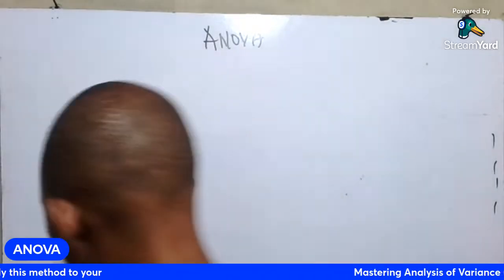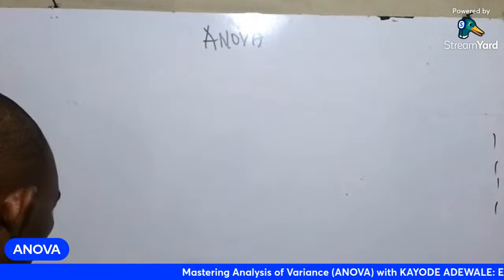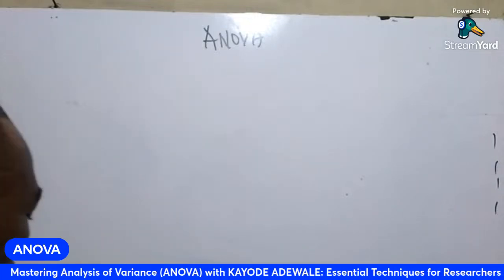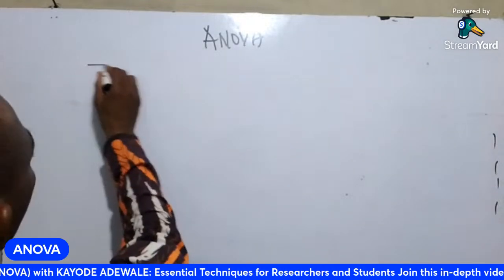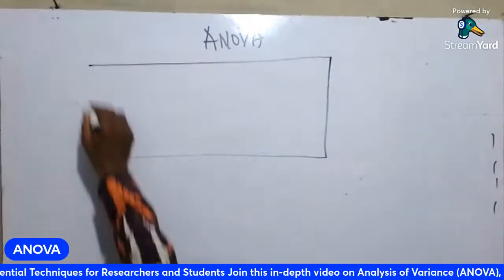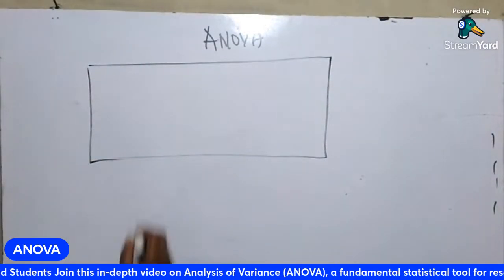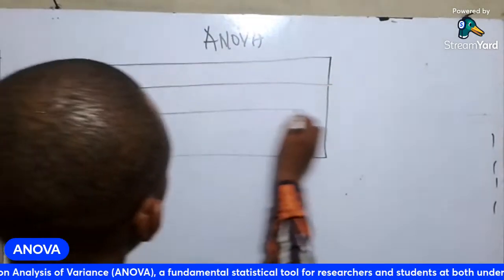So I want to first of all draw the table of analysis of variance before I move into the procedure. So let me draw the table for us. The table is basically divided into 4.